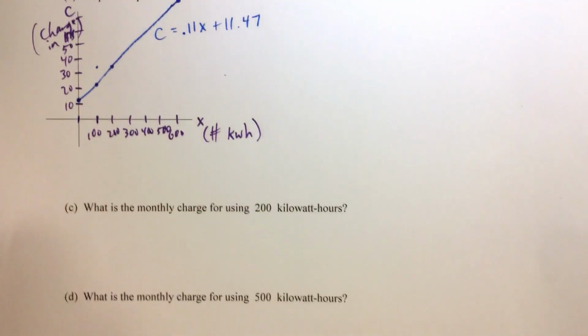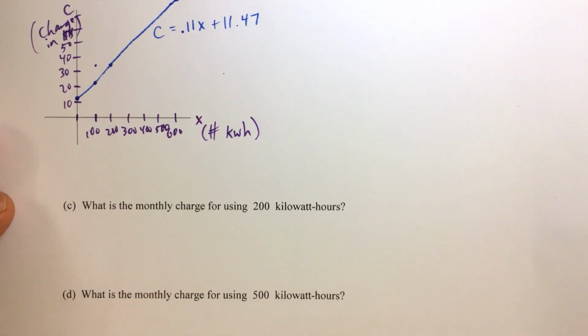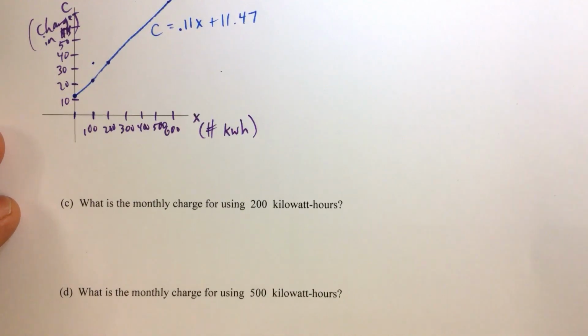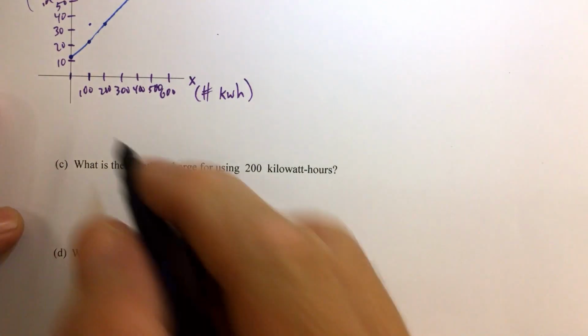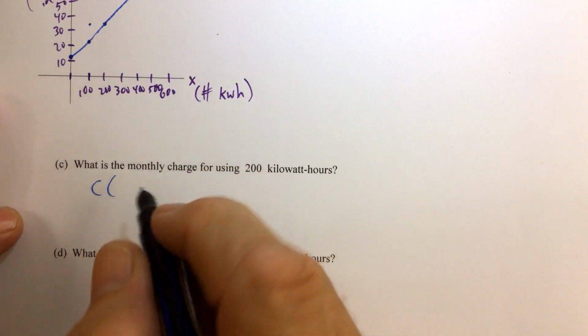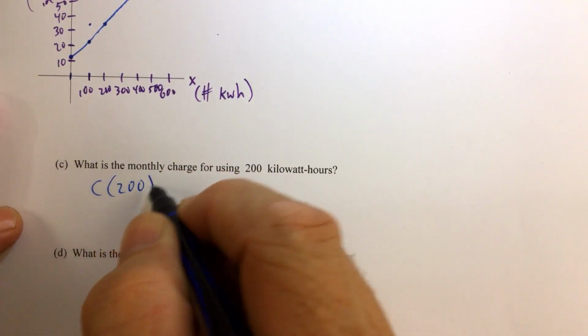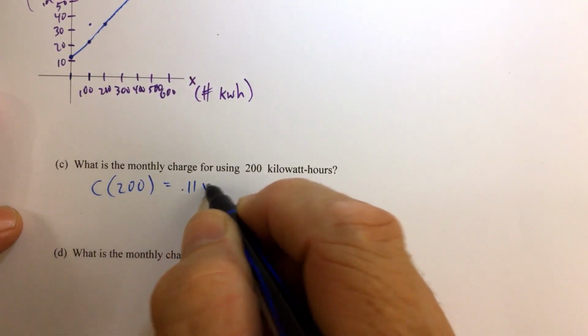The next question is, what is the monthly charge for using 200 kilowatt hours? All we have to do is figure out what the charge is when we replace x with 200.